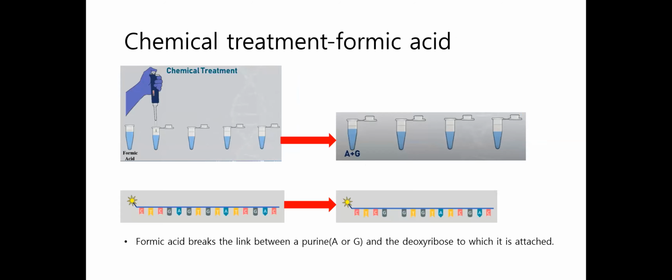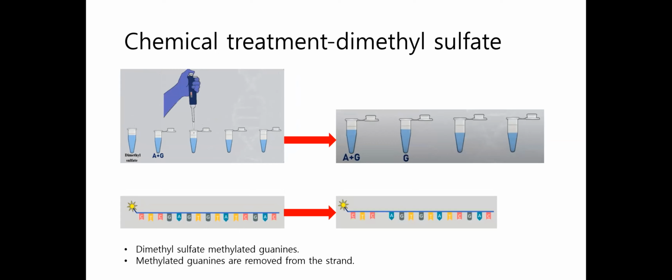And then chemical treatment should proceed. The first sample is treated with formic acid, and formic acid breaks the link between the purines and deoxyribose. The second sample is treated with dimethyl sulfate, and dimethyl sulfate methylates guanines, and methylated guanines are removed from the strand.